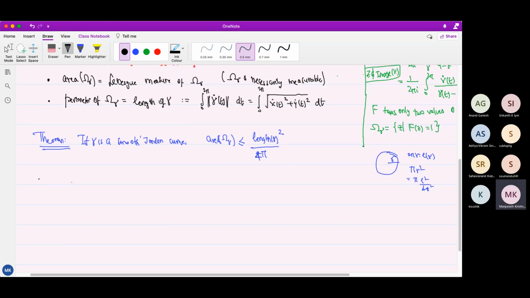So before going to the proof, let me write the proof. We have the perimeter of gamma. Let gamma of t be (x(t), y(t)), t in 0 to 2 pi.